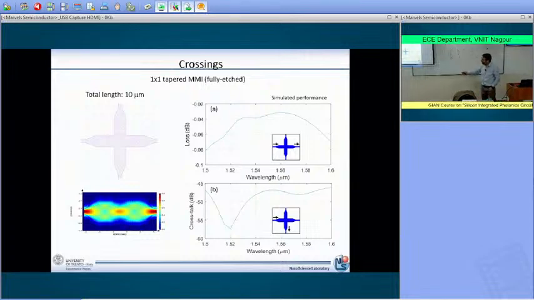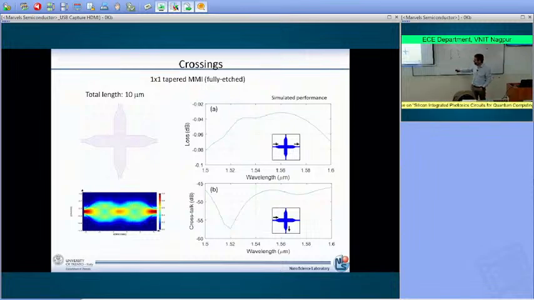And by optimizing the length and the width of this free propagating region, you are able to focus the light exactly in the center. Focusing the light there means that you do not have any light that is going in this direction or in that direction. So that means that the crosstalk, so the amount of light that is going in the unwanted direction, is lower than 45 dB, so negligible.